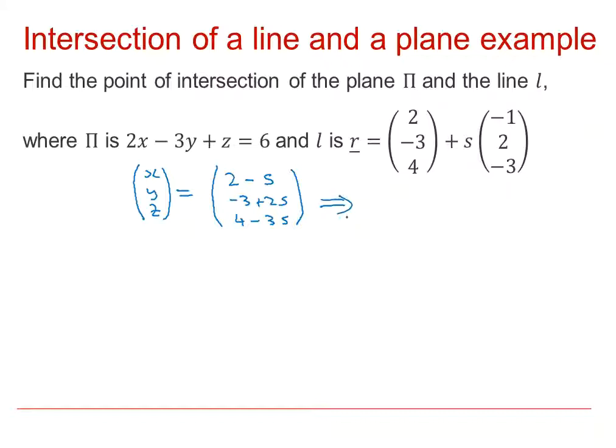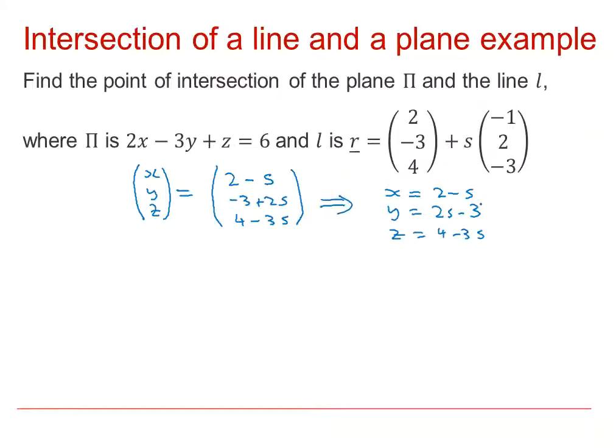For vectors to be equal to each other, it must be that their components are equal to each other. So x must be 2 minus s, y must be 2s minus 3, I've just reversed that one for convenience, and z must be 4 minus 3s.